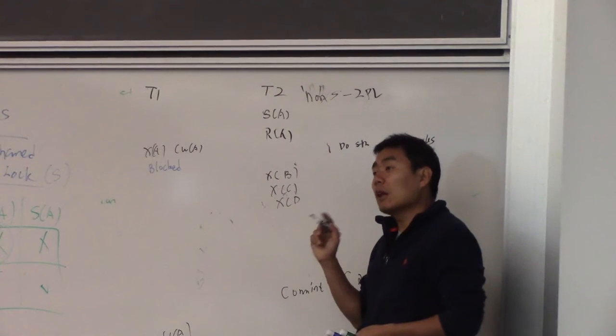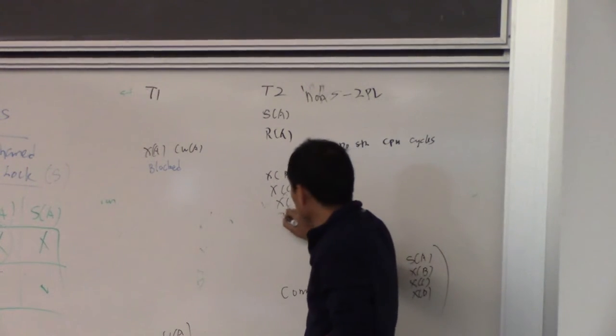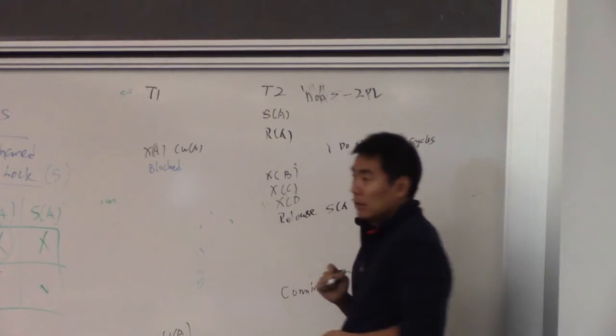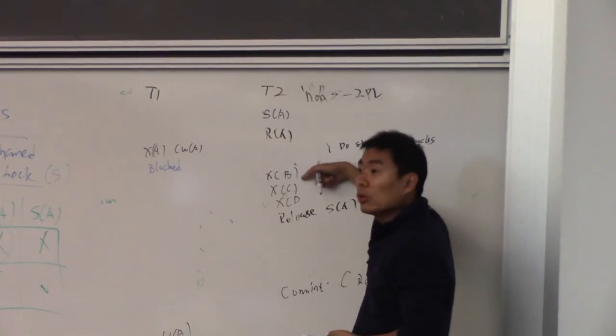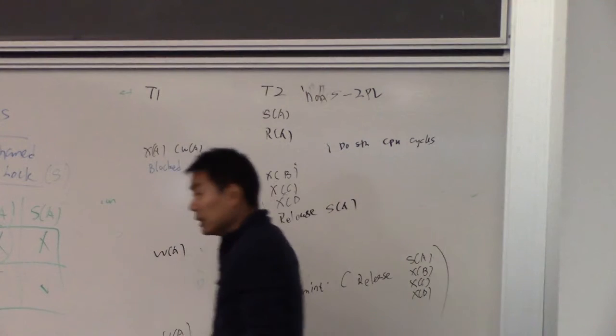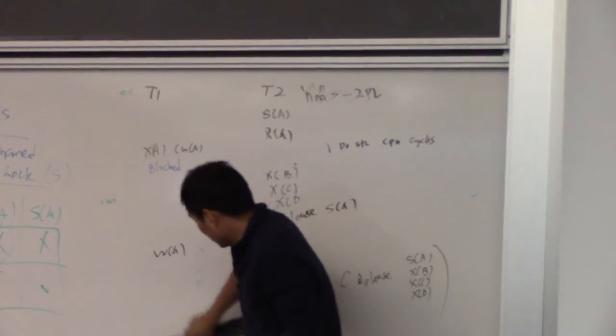Non-strict two-phase locking allows you to do what? Because at this point, you no longer need to acquire any new locks. And then this other transaction can see it immediately right here, rather than wait until then.